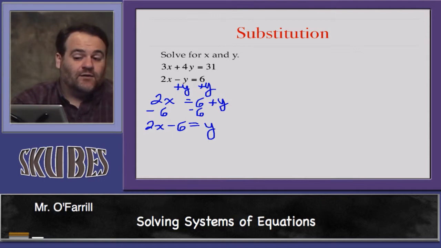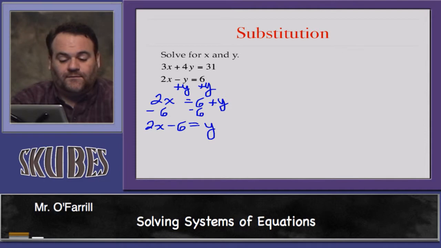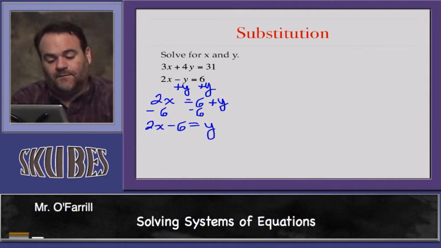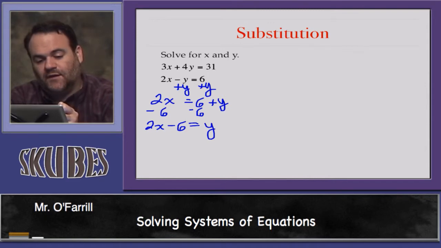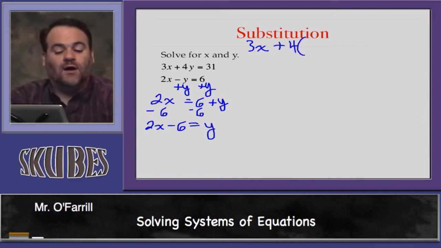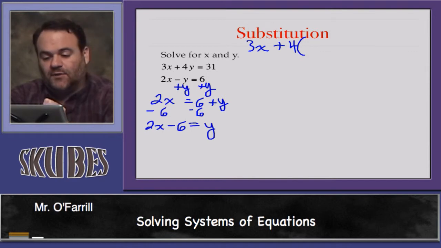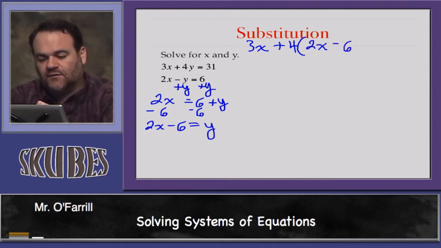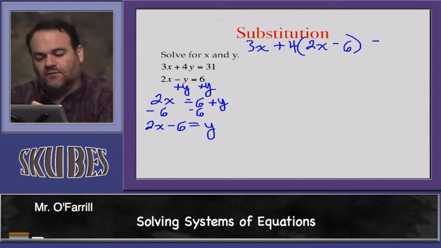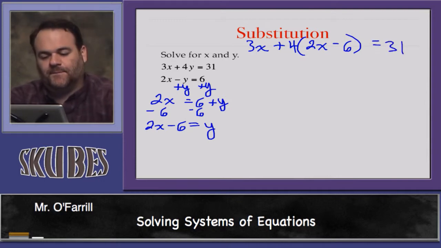Now that we have that, we can go ahead and substitute this value for the y that you see right here. We're going to say that 3x plus 4 times y, and y is now going to be equal to 2x minus 6, and that equals 31.